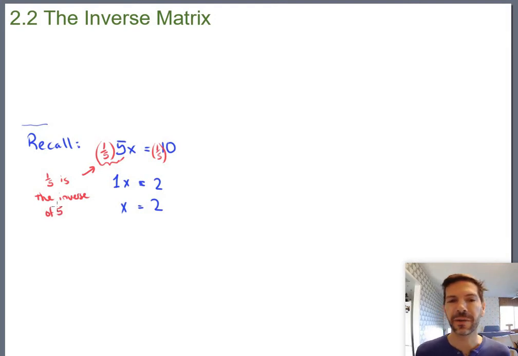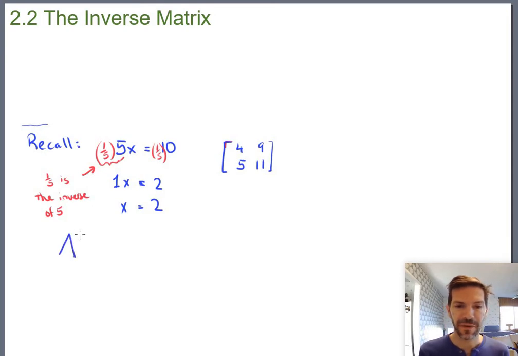And it turns out, now that we know how to multiply matrices, that there is a matrix inverse as well. So let's take a look at one example. So now what we're getting when we do matrix equations, of course, is instead of having 5x equals 10, we'll have something more like Ax equals b.